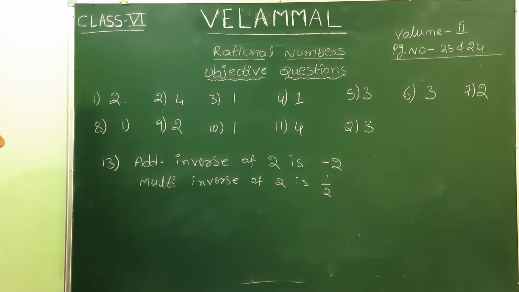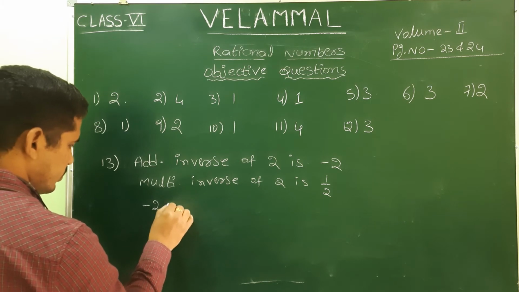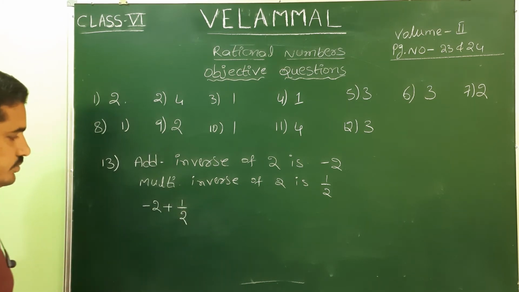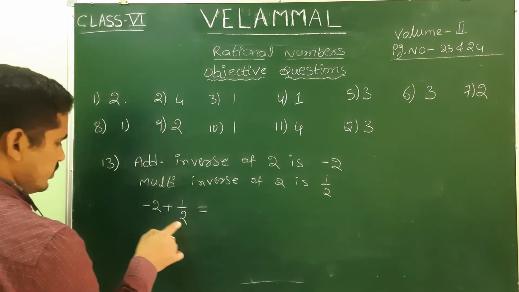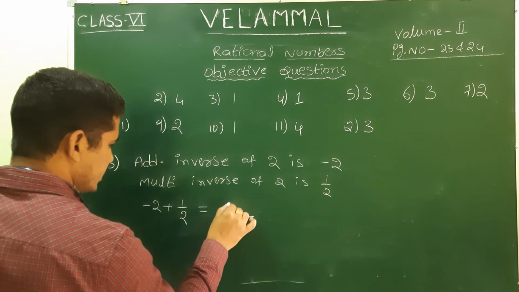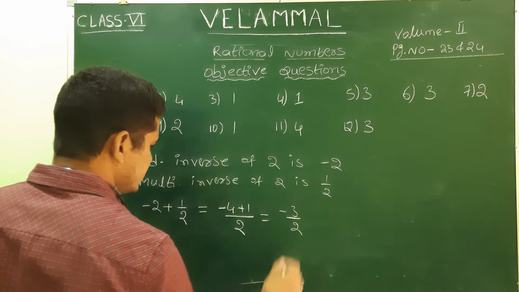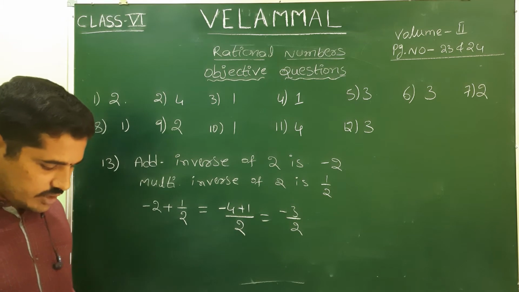Now it is asking for the sum. So minus 2 plus 1 by 2. If we simplify this, we take the LCM as 2, and 2 twos are minus 4 plus 1. So we got minus 3 by 2 as the answer.